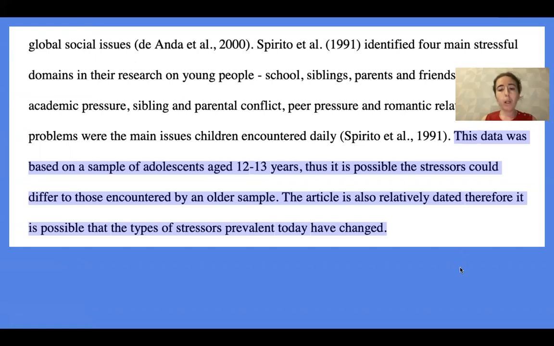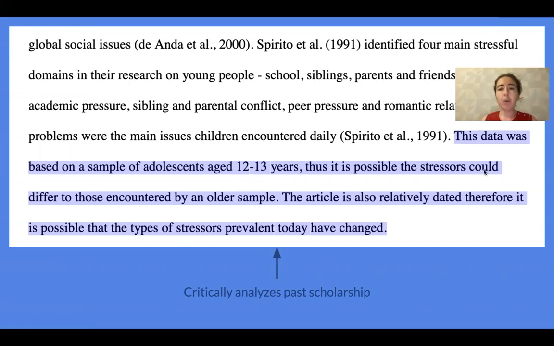So here, what is the author doing? They are critically analyzing the past scholarship. They're noting that it might be out of date, and they're noting that the age group is relatively limited, right? So this finding probably can't be, or maybe can't be applied to people who are 16, 17, who might have very different stresses, very different problems, right?